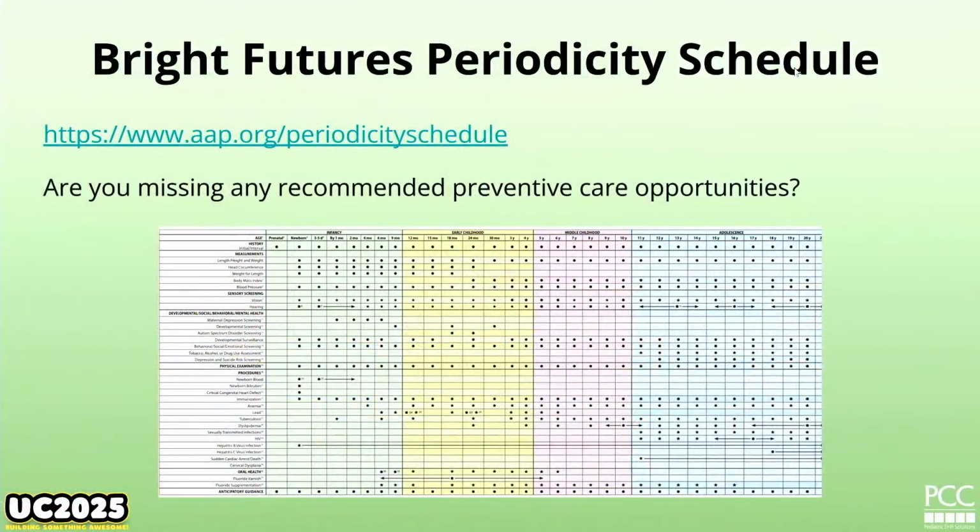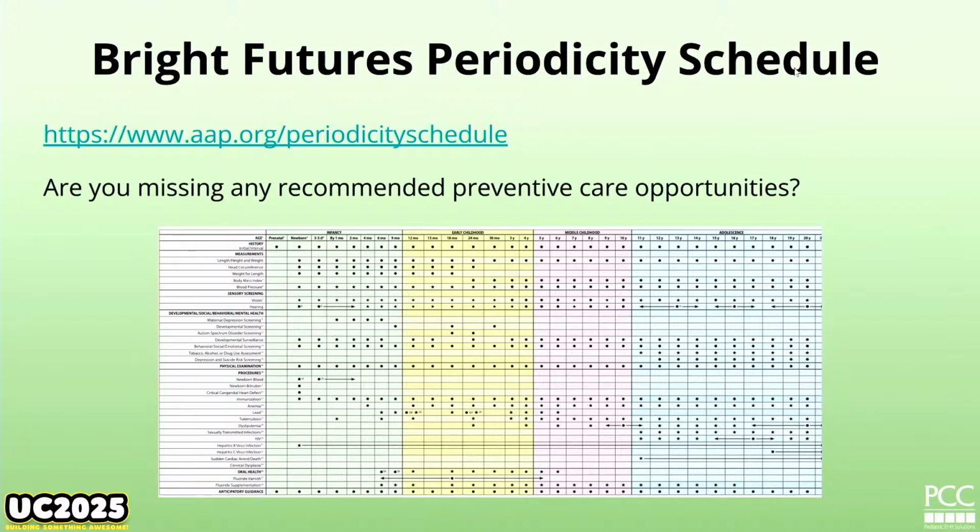The first thing I want to mention, hopefully people are familiar with what this is. This is the Bright Futures Periodicity Schedule. Whenever I talk about clinical oversight for the strategic side and improving the clinical health of your patients, this is the holy grail, right? This explains really from when you start seeing them to when they exit and transition out of your practice, all of the recommended screenings, services, immunizations, and so forth that they should get.